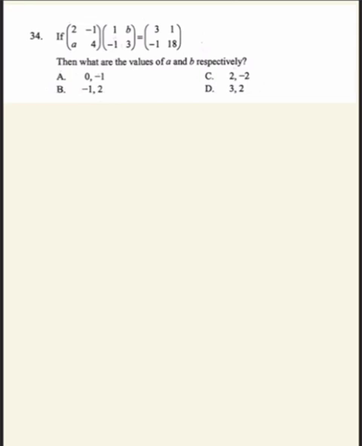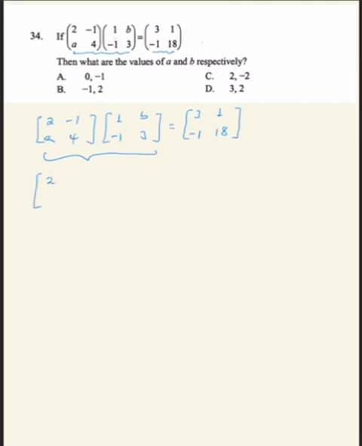This is a matrix question. The product of these 2 by 2 matrices is given here, then what are the values of A and B? So we use matrix multiplication. When we multiply these 2 matrices, 2 times 1 is 2, then minus 1 times minus 1 is plus 1.